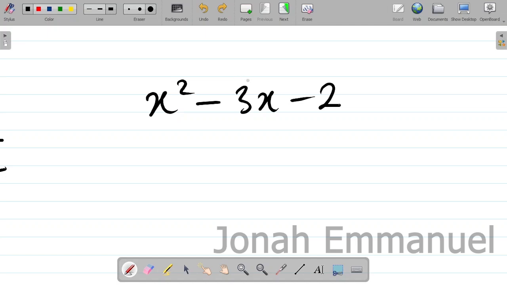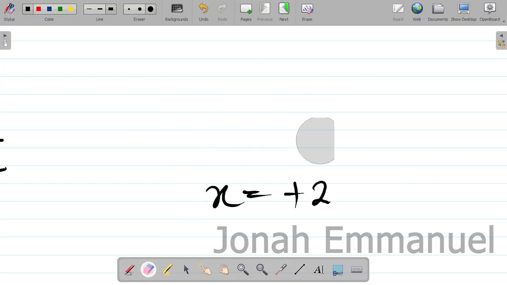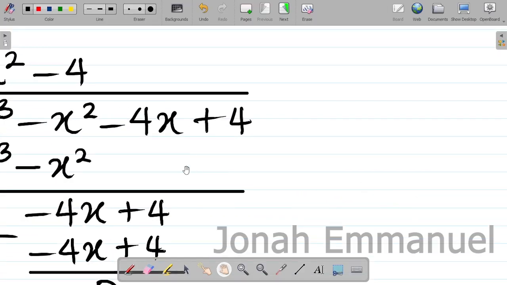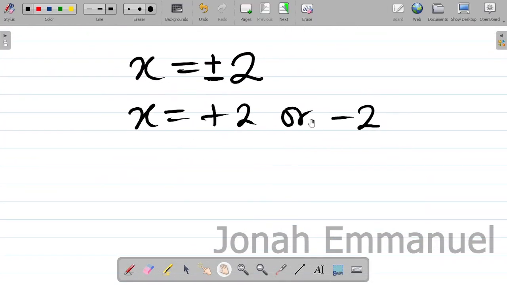In this case, after solving, you have that x is equal to minus 1 and x is equal to minus 2, or plus 1 and plus 2, as the case may be. So the idea is that after dividing, you have a quadratic equation. You solve this particular quadratic equation, and you have your other two answers.